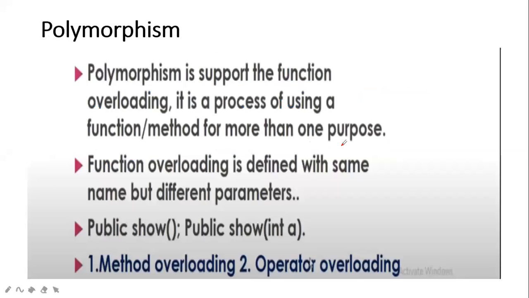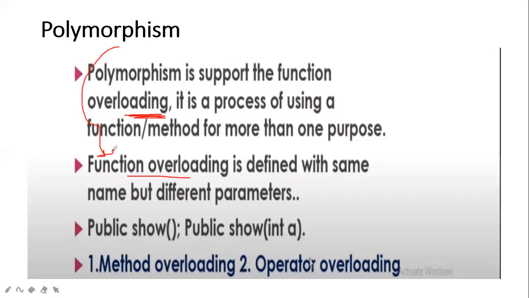We can also take an example with the coding part. Polymorphism supports function overloading. It is the process of using a function or method for more than one purpose. That means we can use the function or method for more than one process, and that particular is called overloading. Now function overloading we are going to understand in polymorphism.